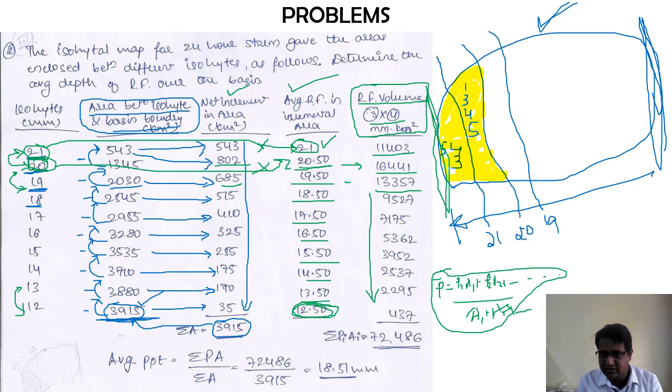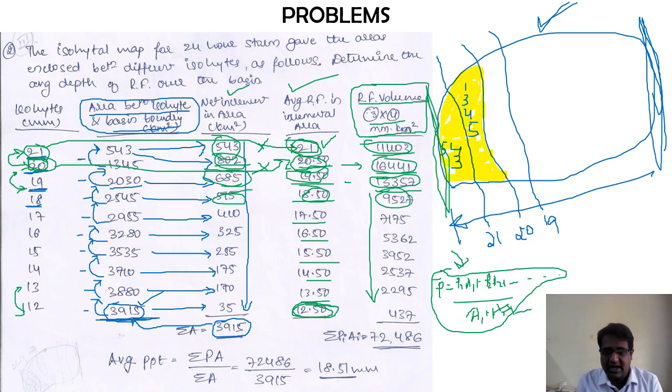The fifth column gives the value of the numerator: A1 into P1 is your first value, A2 into P2 your second value, A3 into P3 your third, A4 into P4 the fourth, and so on. We are doing the same thing in this last column, but the way of representing the answer is different; ultimately we are doing the same thing.